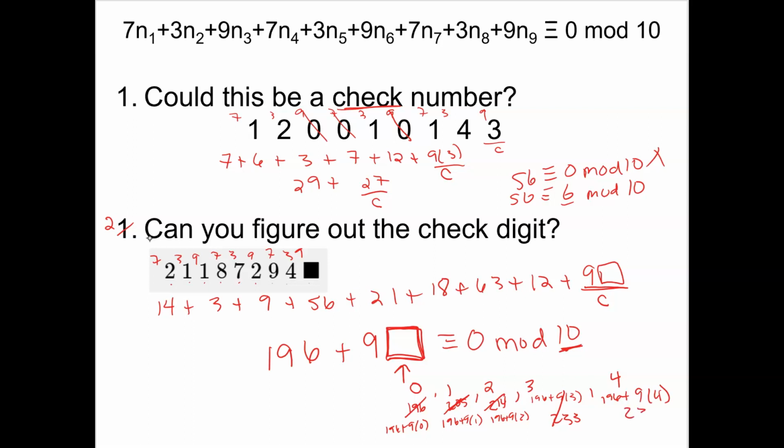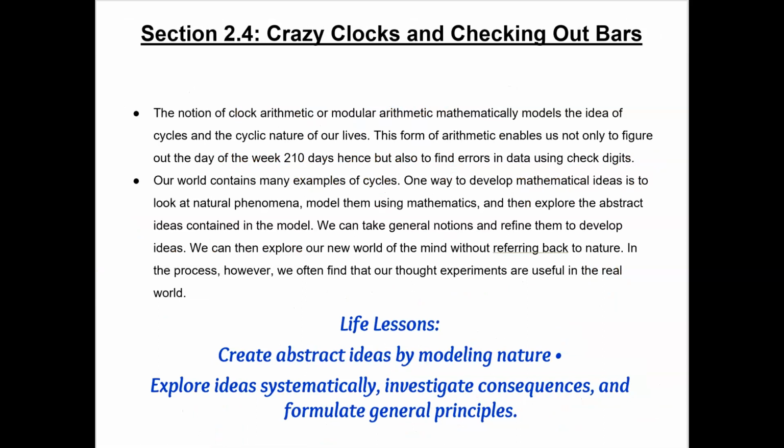I get 232. That's a remainder of 2. Let's try 5. 196 plus 9 times 5 gives me 241. Let's try 6. 196 plus 9 times 6 gives me 250. So the check digit here is 6. And that concludes crazy clocks and checking out bars.